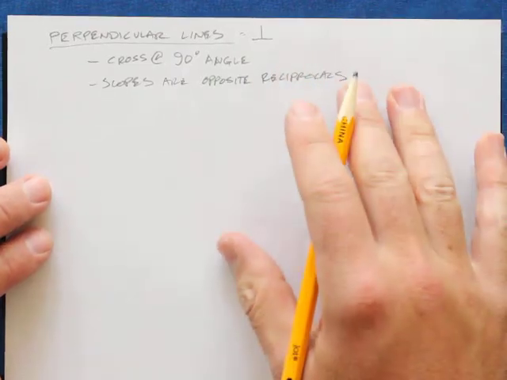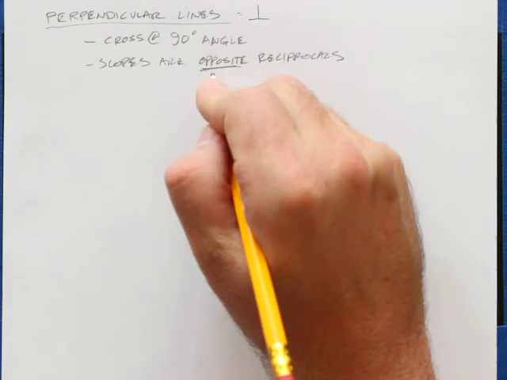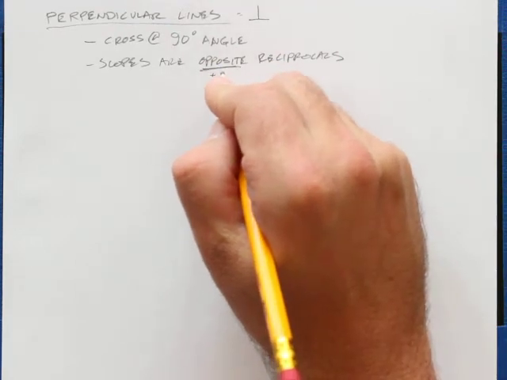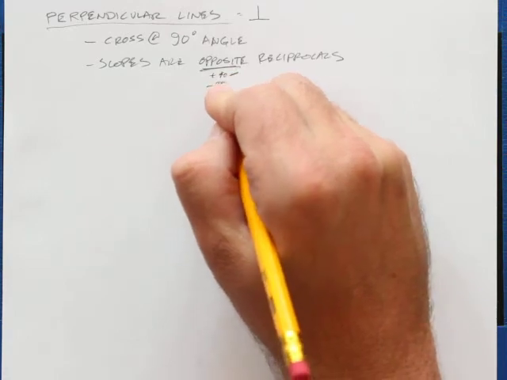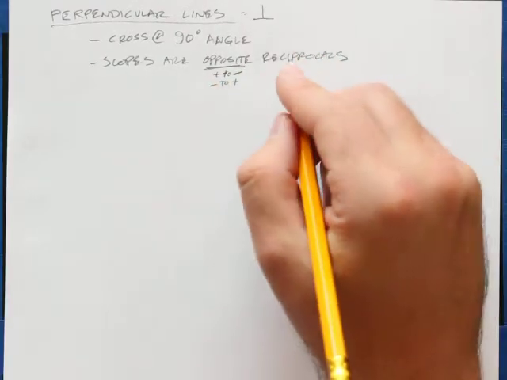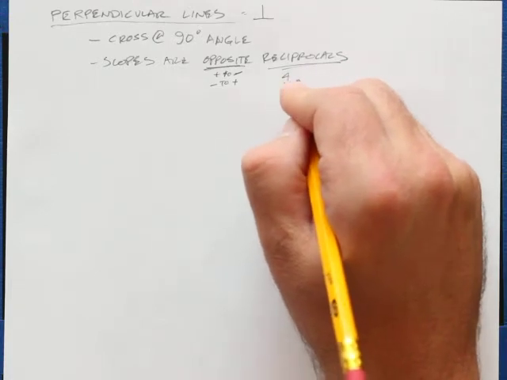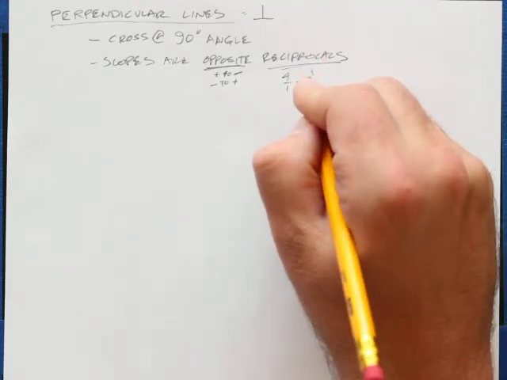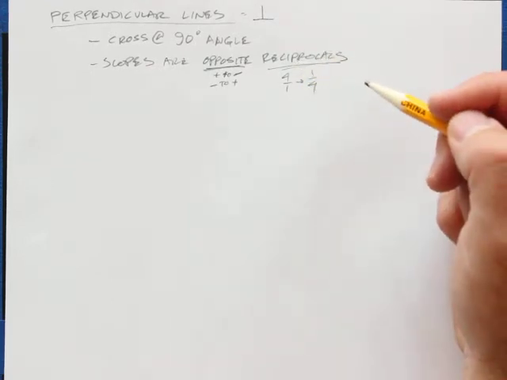Opposite means plus to minus, or minus to plus. Reciprocals is something else, like 4/1 to 1/4. It means you switch the numerator and the denominator.